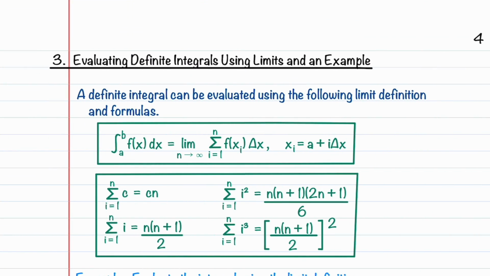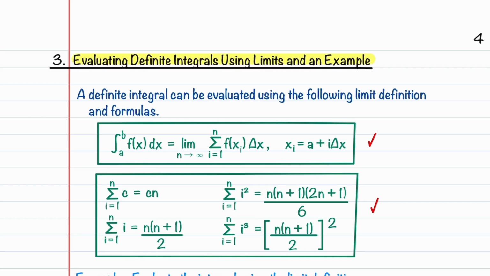We're now going to walk through an example where we're going to evaluate a definite integral using the limit definition. This is a difficult problem, but don't worry, I'll walk you through it step by step. We're going to evaluate the definite integral using this limit definition and these formulas.